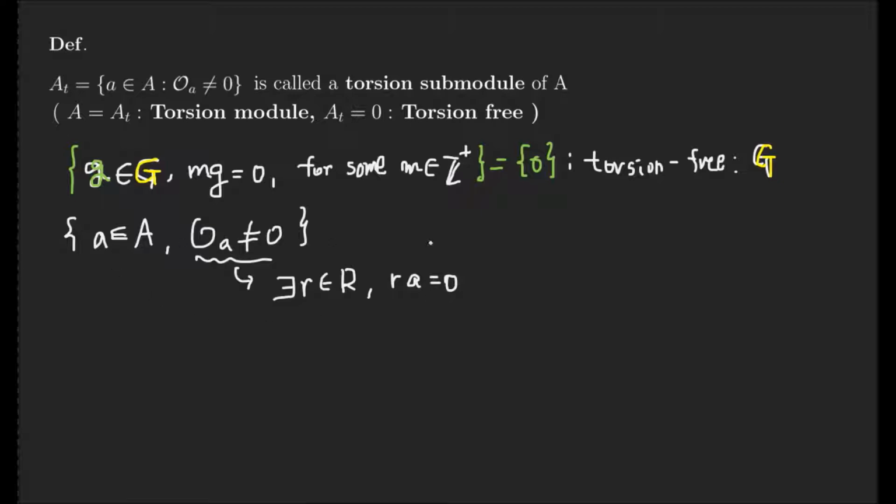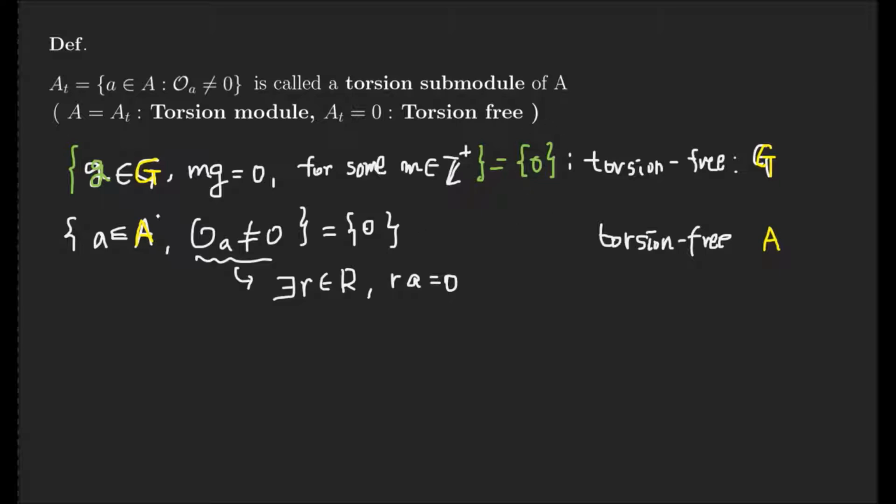So if this collection is only 0, then we can say the R module A is torsion free.